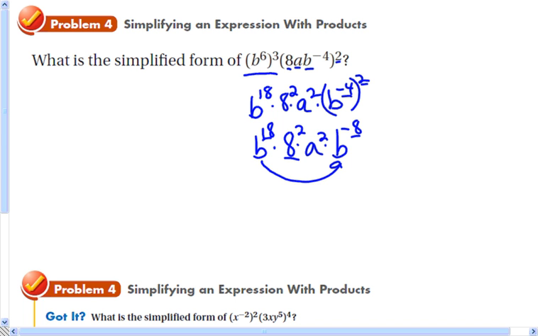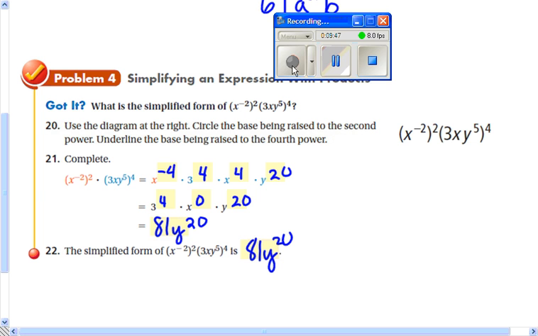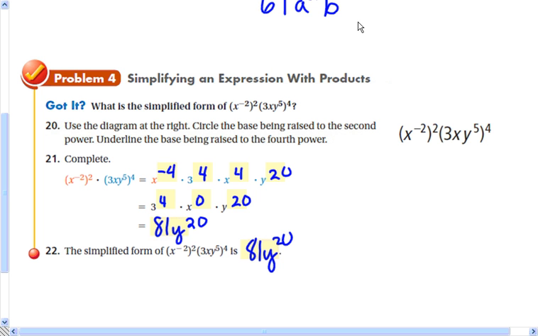This 8 to the 2nd power, we can write as 64 since it's a real number. And I'm just going to put it in alphabetical order: a to the 2nd, b to the 10th power. All right, you should get something like that.